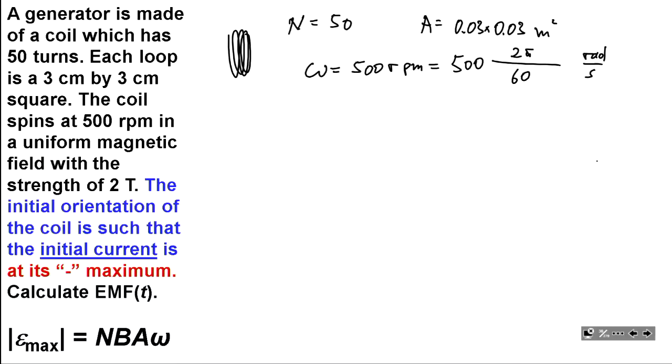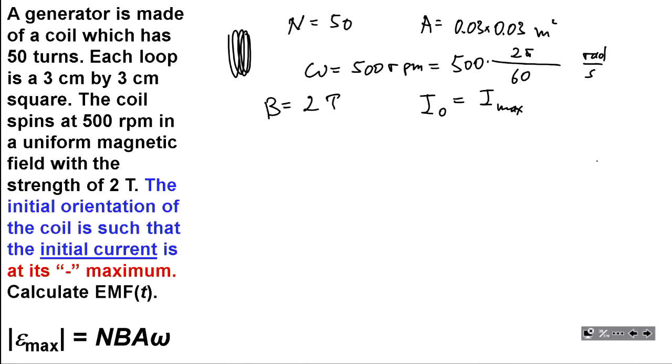Now, the coil is in a uniform magnetic field with a strength of 2 Tesla. The initial orientation of the coil is such that the initial current is maximum. So the current at t equals 0 equals maximum. What does it mean?